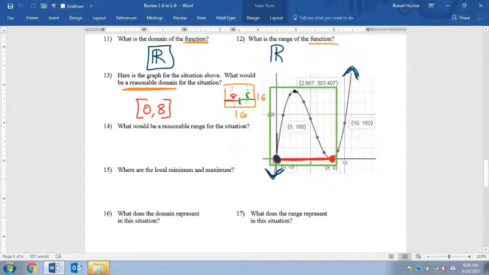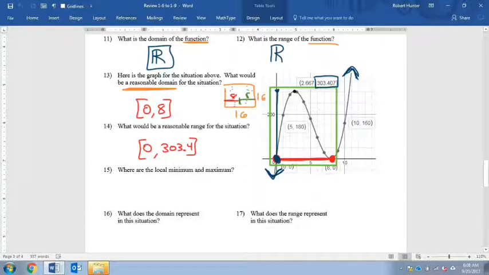The highest y is way up here at 303.407, which we'll just take as 303.4. So the range goes from 0 to 303.4. Anyways, so that's your range.